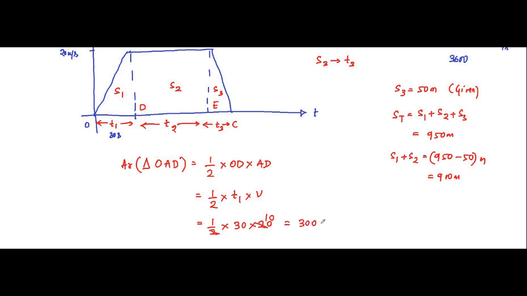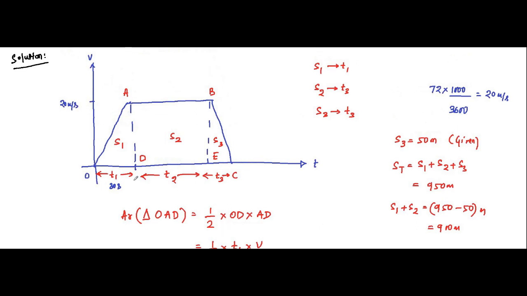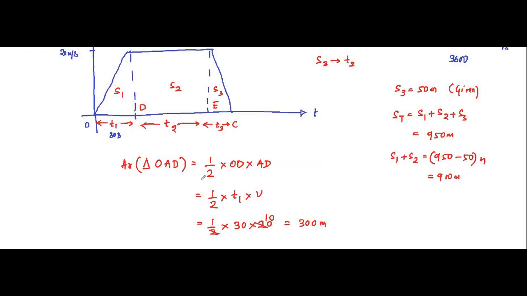So that is equal to 300 meters. And this area under the triangle OAD is the distance S1 covered in the time period T1, which is equal to 30 seconds. So S1 we have got, S1 is equal to 300 meters.